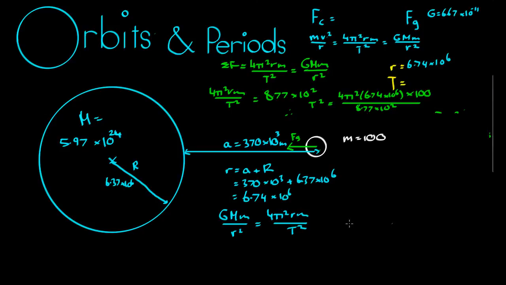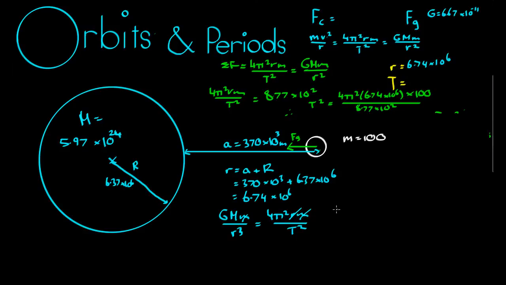The first thing we do is divide both sides by m. Actually, sorry, we'll divide both sides by r. So that r disappears and this becomes r cubed. We also got rid of those m's there. Next, we'll multiply both sides by r cubed.